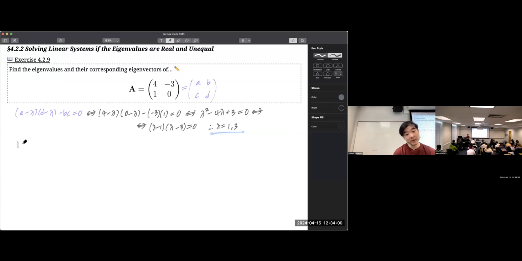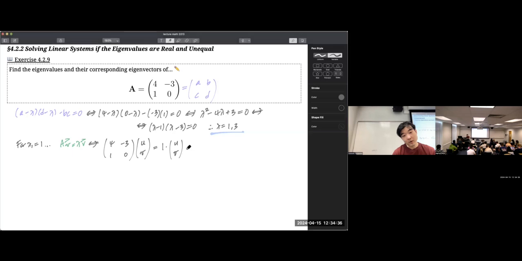So I'll just say for lambda 1 is equal to 1. What is our original system of equations? The eigenvalue eigenvector equation was this, which we can expand out. So what is our A matrix? Our A matrix has 4, -3, 1, and 0.